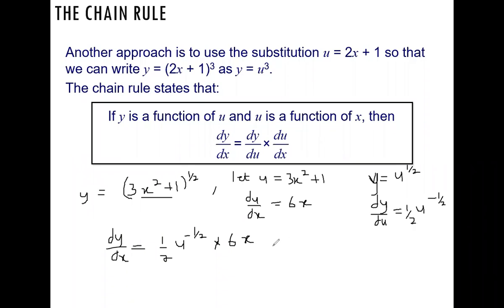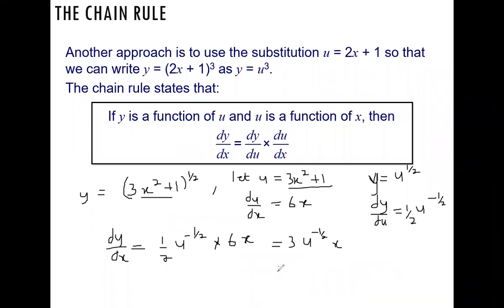Good. And this simplifies to: half cancels out, 6 will get 3, okay. 3 u raised to the power minus half, times x. But we know u is what? u is 3x squared plus 1, okay.